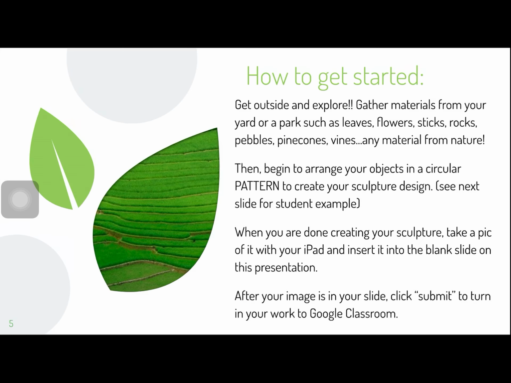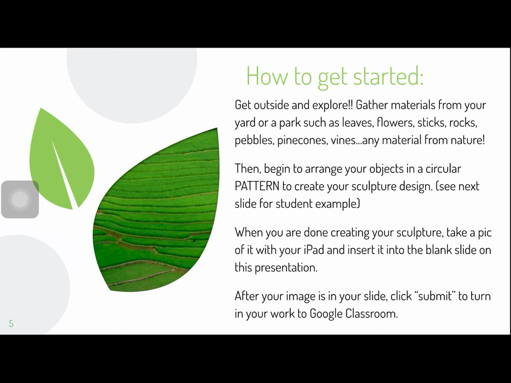To get started, go out in your yards, go to a park, however or wherever you want to do this, and just gather materials. These can be leaves, flowers, sticks, rocks, pebbles, even pine cones, vines, any material you can find outside from nature.